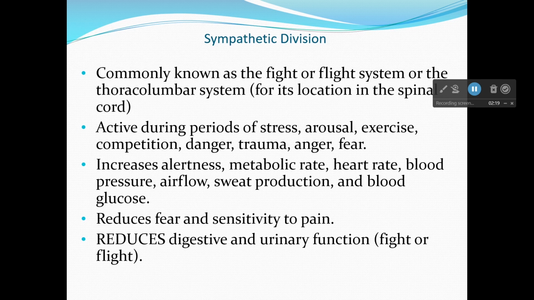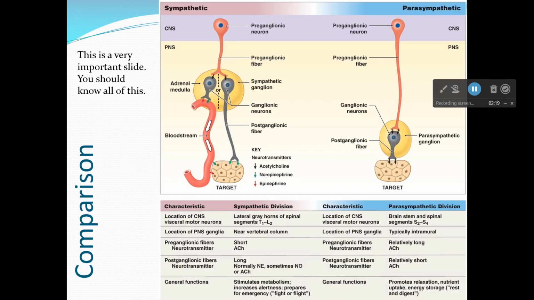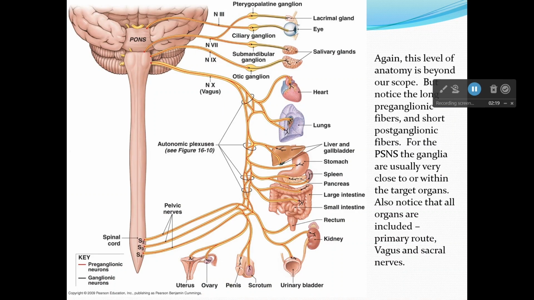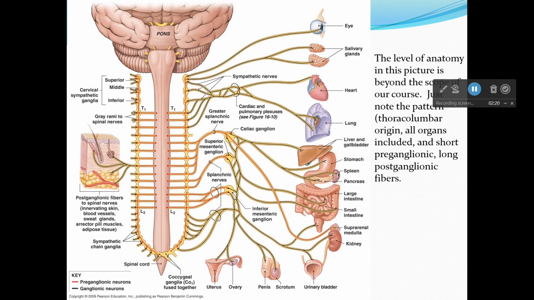All right? So if we go back to one of our pictures, that means here at the ganglia, nicotinic receptors with acetylcholine as the neurotransmitter.